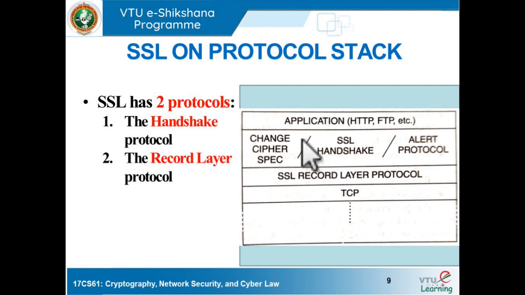Let us see what we mean by a handshake protocol and a record layer protocol. A recap of this: we have the application layer and the TCP layer, and between these two layers we have the secure socket layer protocol. The secure socket layer protocols are two: one is the handshake protocol and the other one is the record layer protocol.